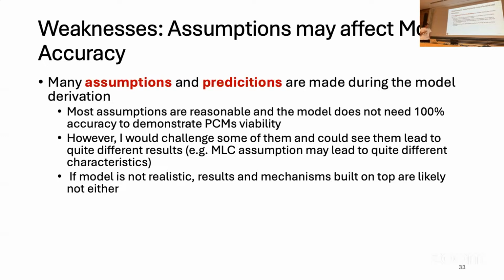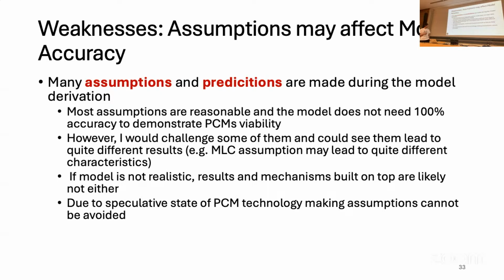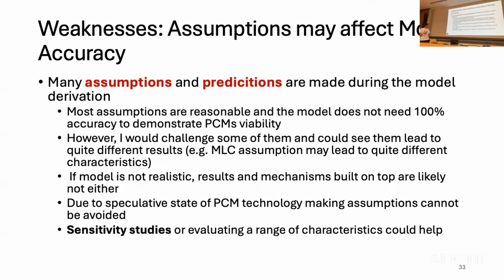And really, if the model is not realistic, then the results and mechanisms built on top might not be either. And it is true that making assumptions cannot be avoided because there was really a lack of data available. So yeah, you really could not get around that. But in my opinion, doing some sensitivity studies or evaluating a range of characteristics could help a lot.